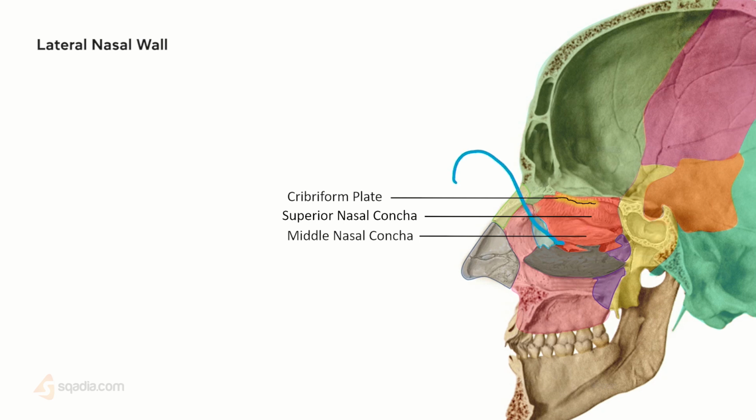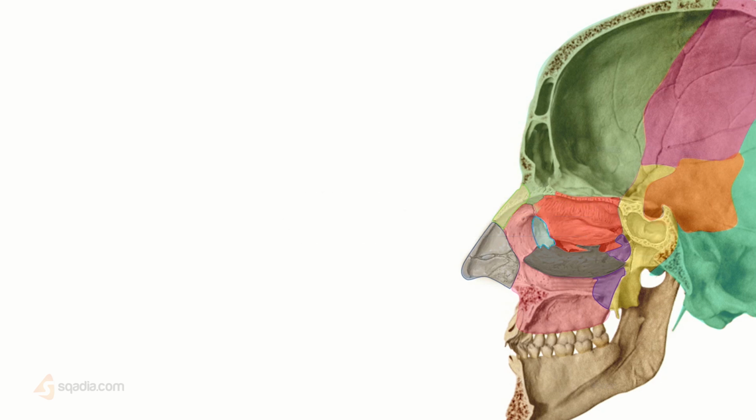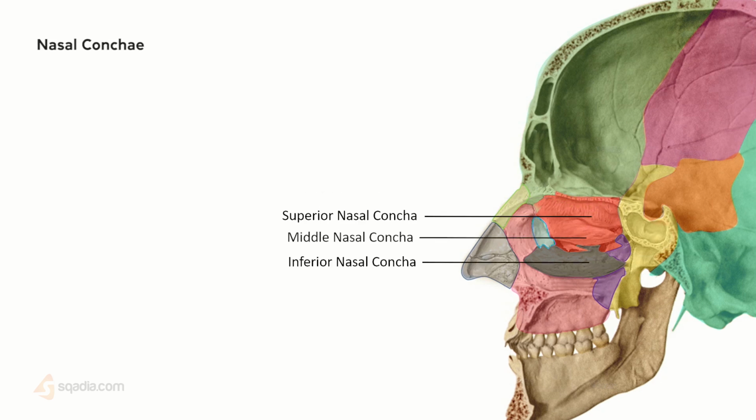So this space here, right under the concha, right here, these are called meatuses. Sometimes we can see another structure here called a higher nasal concha. That's very rare.